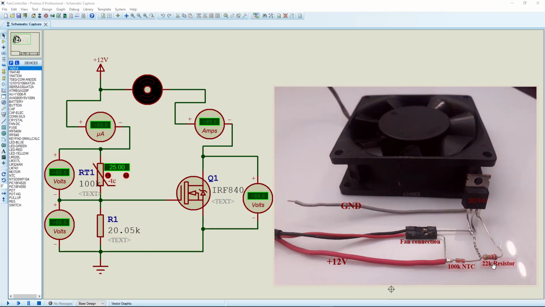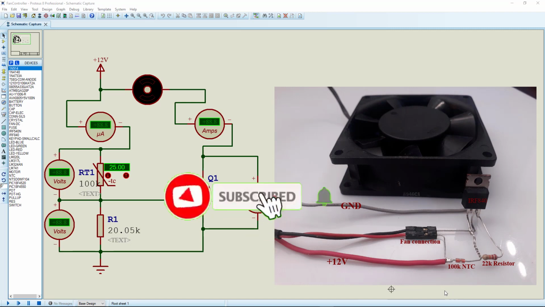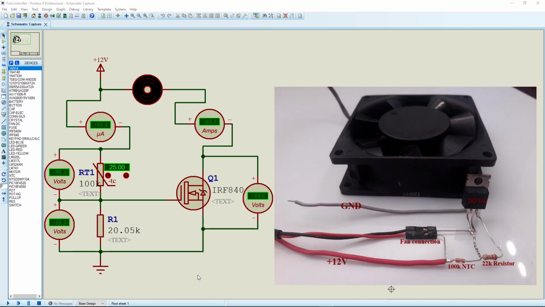So that is this 20k resistor, 22k resistor we have here. Right now this one is turning it on at around the same temperature. In the next tutorial, which will be the final one, hopefully we're going to see how to calculate that resistance, and I'm going to breadboard this circuit to also use the resistance we select, and hopefully we can see if it's going to turn on at a higher temperature.